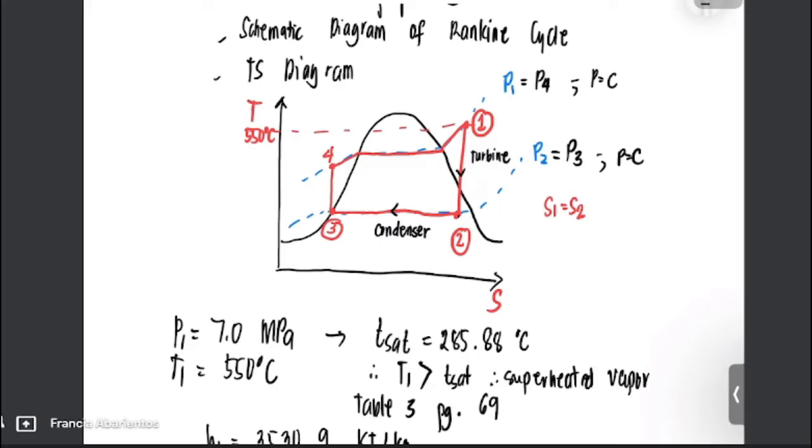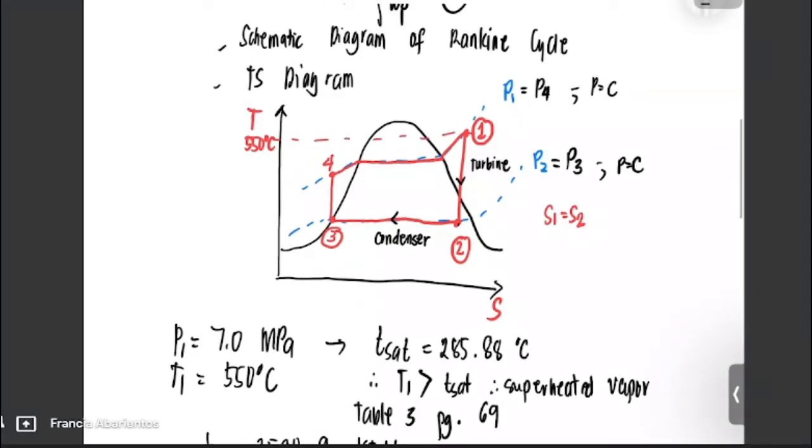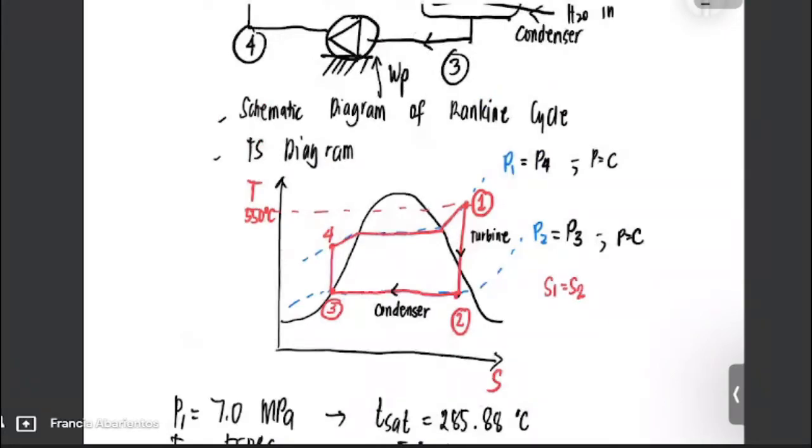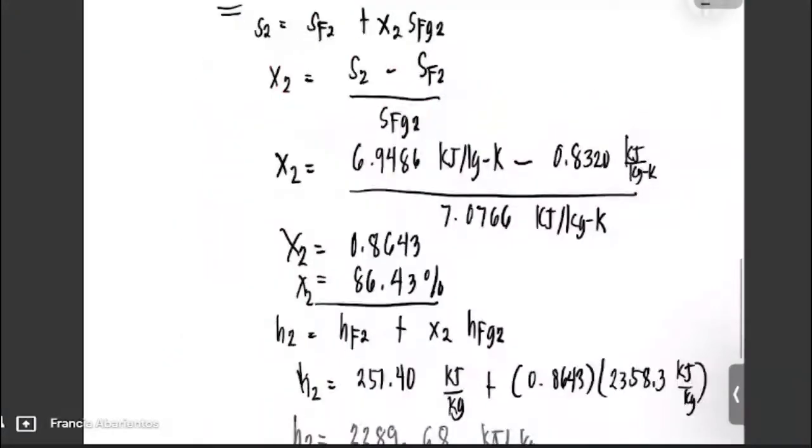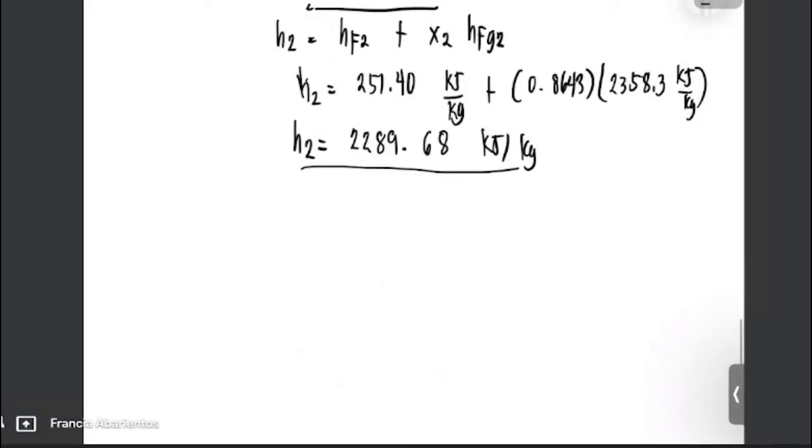We all know that all the properties at state 3 is a saturated liquid. Okay? So, yan po lagi yung assumption at state 3, leaving the condenser, entering the pump.